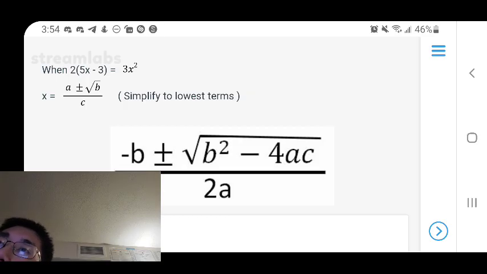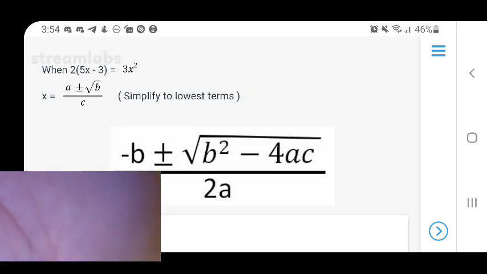Retrace my steps. 10x minus 6 equals 3x squared. Did I miss something? 3x squared minus 10x plus 6 equals 0. You do standard form ax squared plus bx plus c.